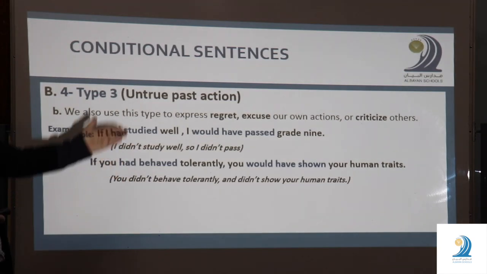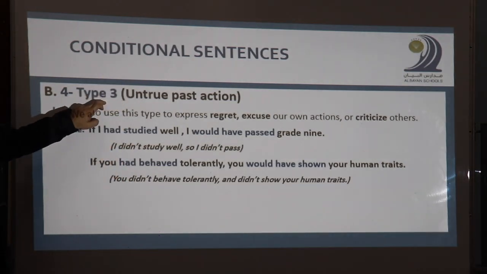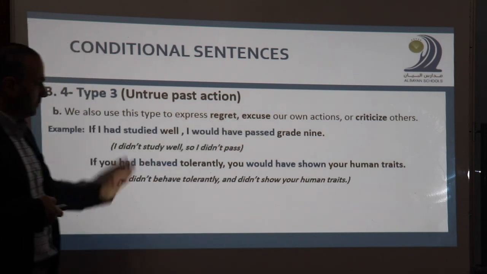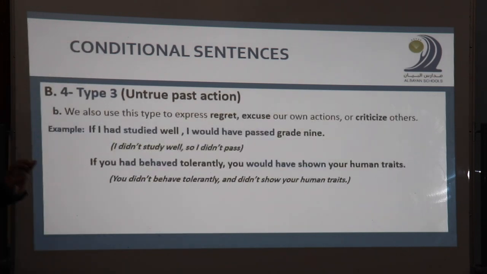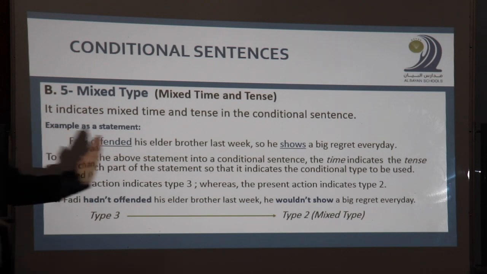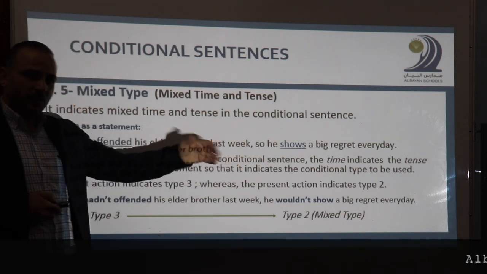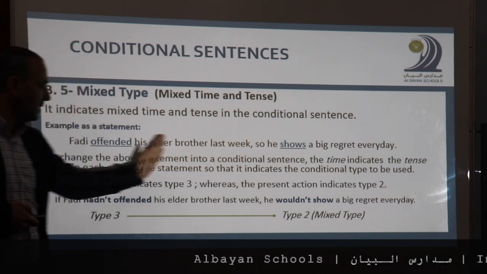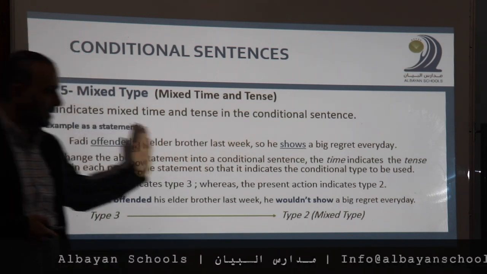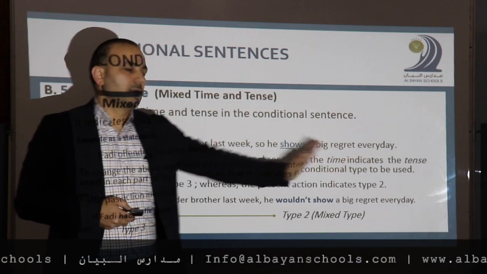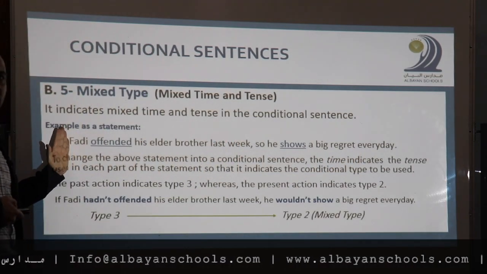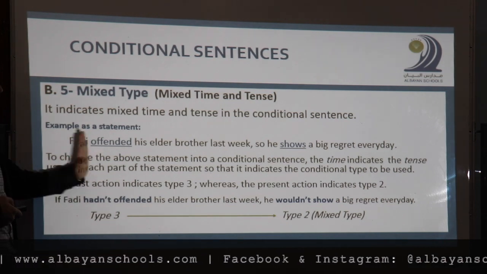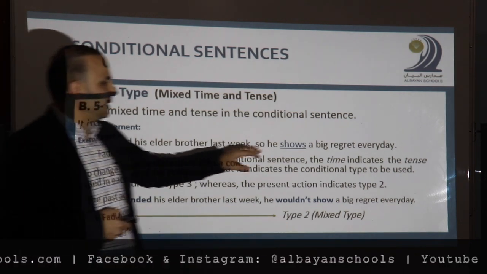Type 3, where we use past perfect, would plus have, plus past participle. But here, just keep in mind, first of all, we'll talk about these steps, okay? Deal with this part separately, then go to that part. First part indicates past. With if clause, unreal past. Untrue past, type 3. Okay, let's really go for this.